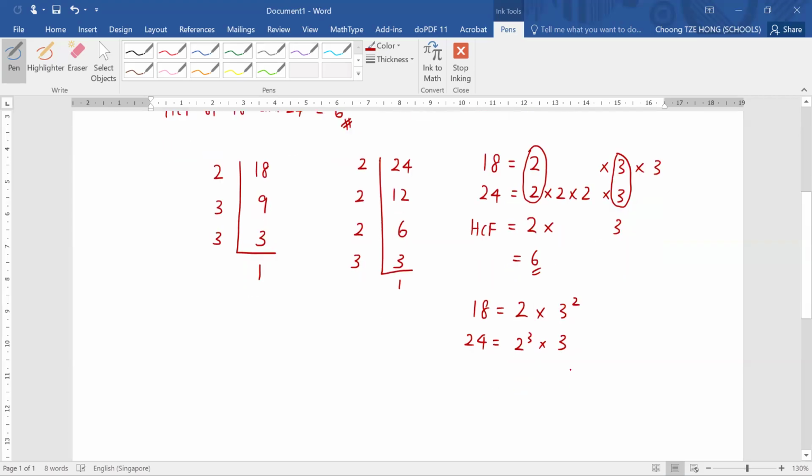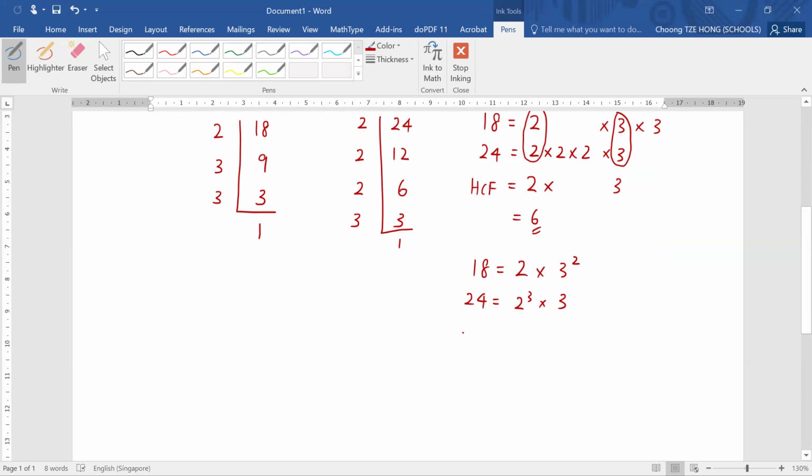To identify the highest common factor, you want to look at each prime factor and take the one with the smaller power. This one is 2 power 1, this is 2 power 3. If you have nothing written, it means power 1. So you take the one with the smaller power.